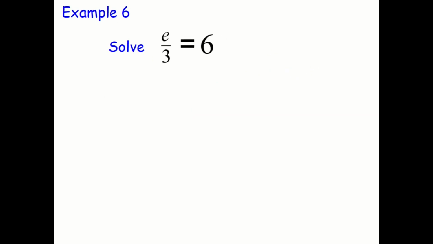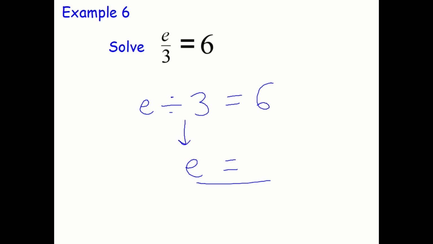Example 6. Here, now we've got a fraction, and that means e divided by 3 is equal to 6. So how do I get e on its own? I do the opposite function to divide, which is multiply by 3.